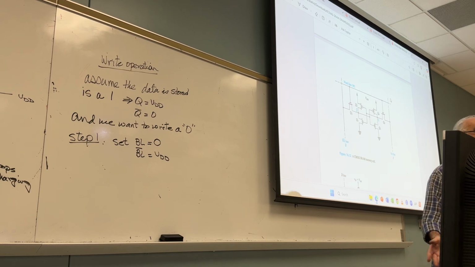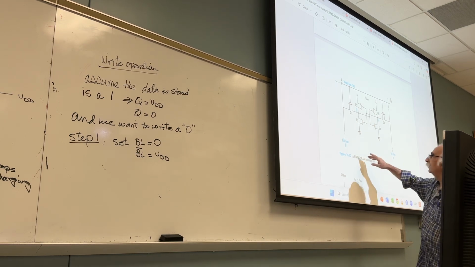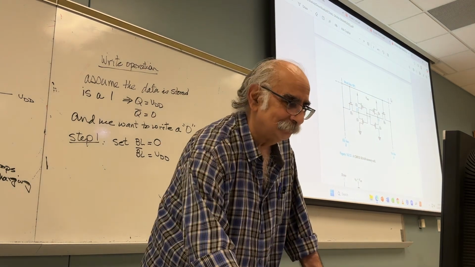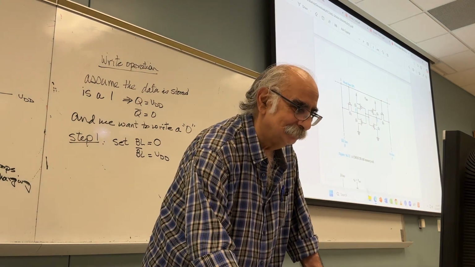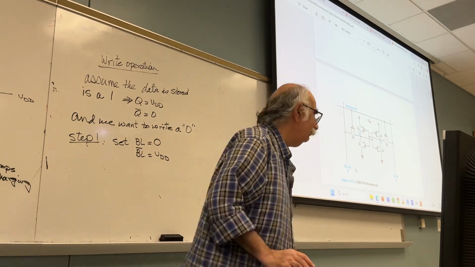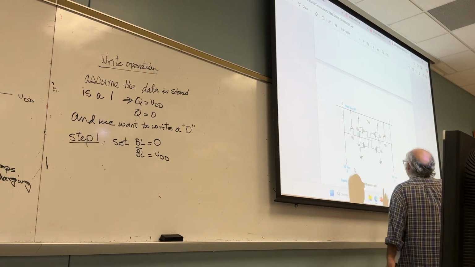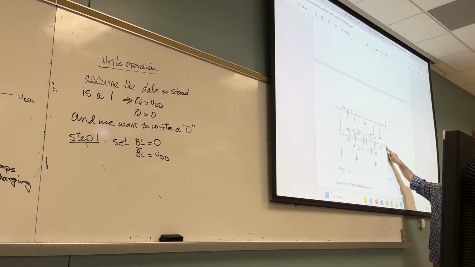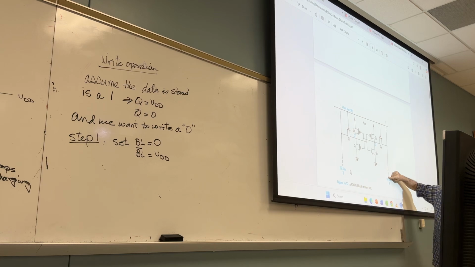Let's see what happens. What is initially, one more time? I need to bring this one down. What is initially Q? I put the 0 here.